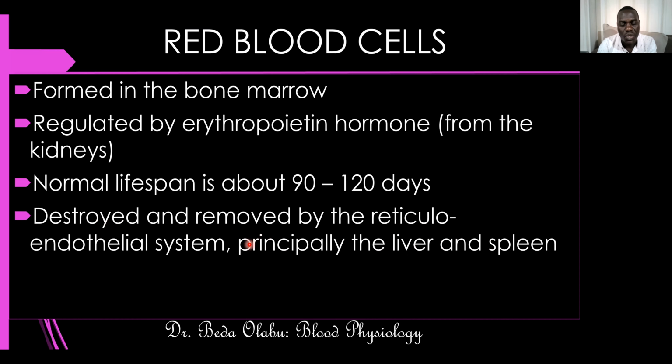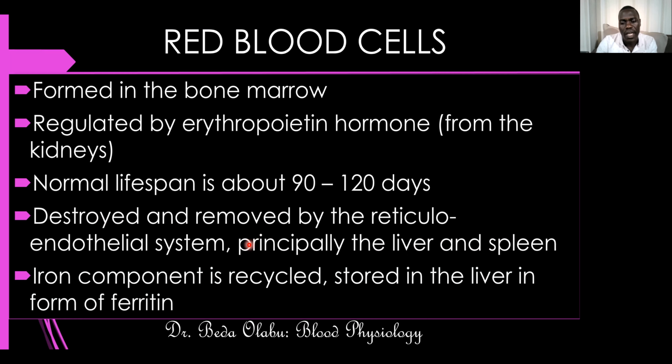Even though they're destroyed and removed, there are some components of the red blood cells which are recycled. Primarily the iron part of the hemoglobin is recycled. The iron component of hemoglobin is usually stored in the liver in the form of what we call ferritin.